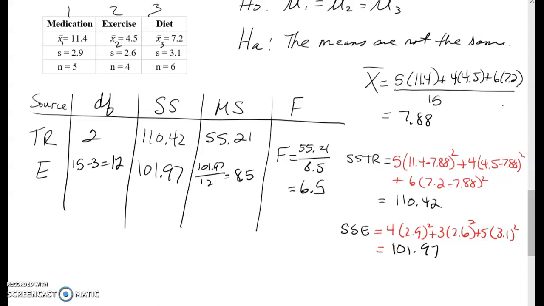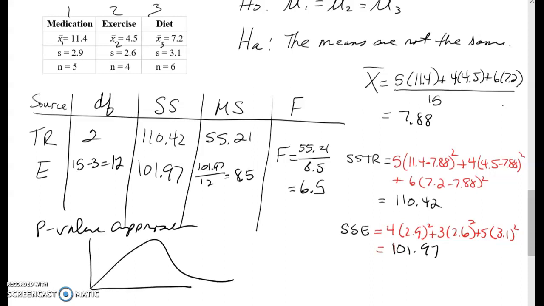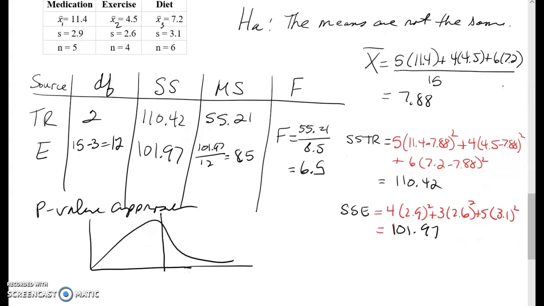So let's finish this one by doing our p-value approach. I still like to draw the table, but this time when you do a p-value approach, remember that it is the test statistic that's going to go here, 6.5, and your p-value represents this entire area to the right.